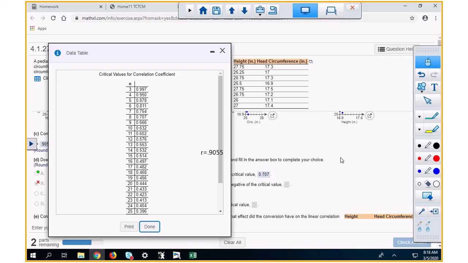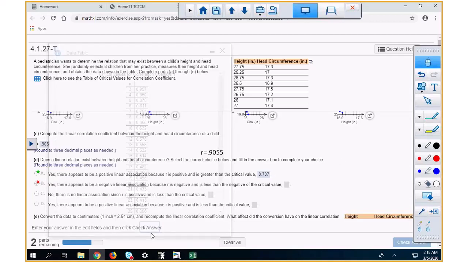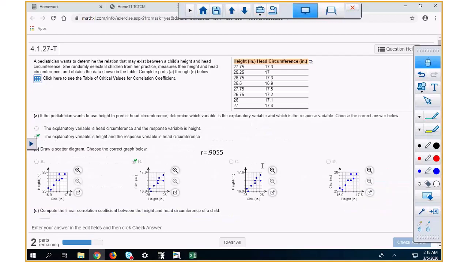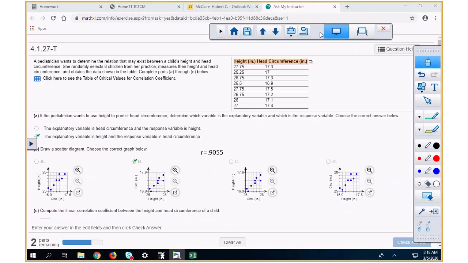Capiche? Okay, so yes, there appears to be a positive linear association because R is positive and is greater than the critical value. Okay. And that's how you do that question.